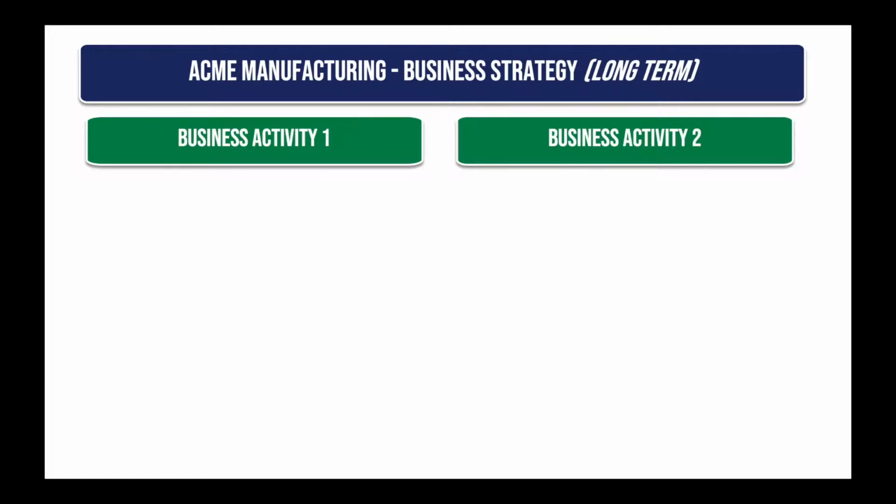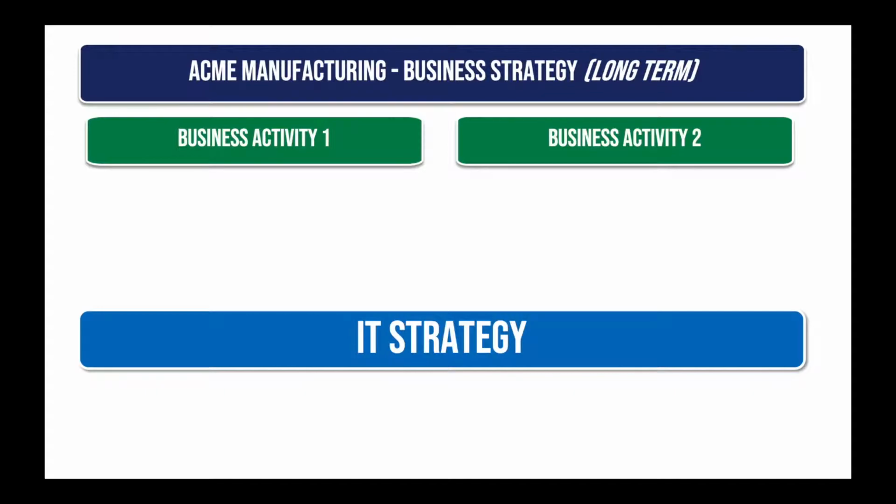Now, the IT strategy is how the IT and technology organization aligns with those business activities and how they enable those business activities to turn into success from two angles. One is the operations side of things, and second is the capability development.